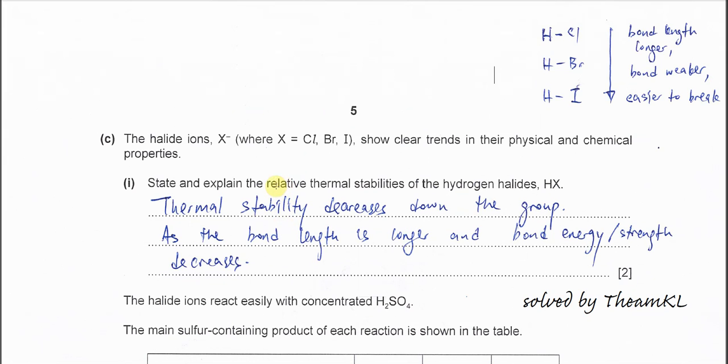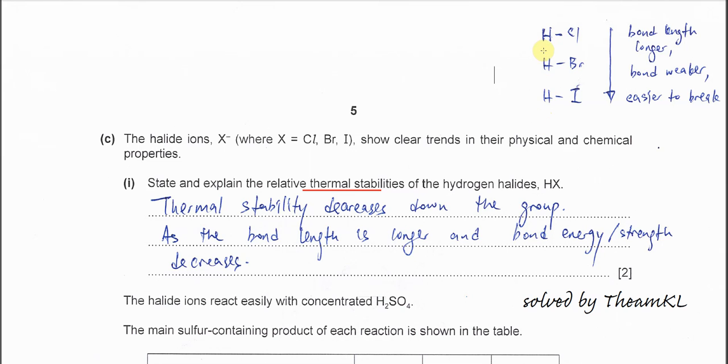Part C. The halide ions, X negative, can be chlorine, bromine, iodine. They show clear trends in their physical and chemical properties. Part 1. State and explain the relative thermal stability of the hydrogen halides. Thermal stability is how stable the compound is when we heat it.